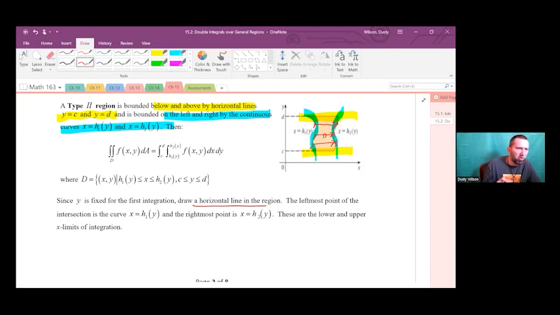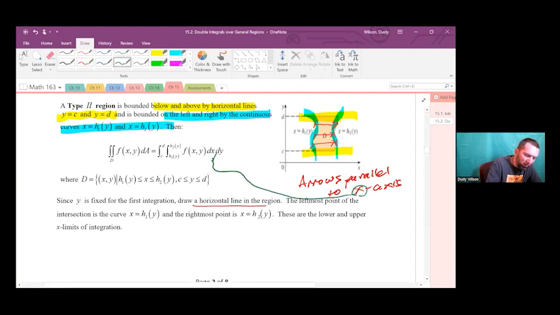So notice that the red lines here, the arrows, if you will, are parallel to the x-axis. And that x-axis, that's the same as that inner letter in the dx.